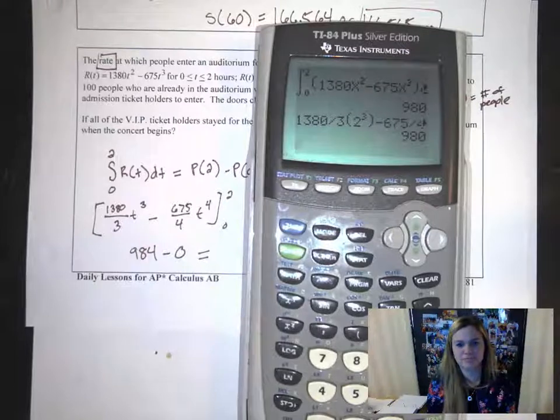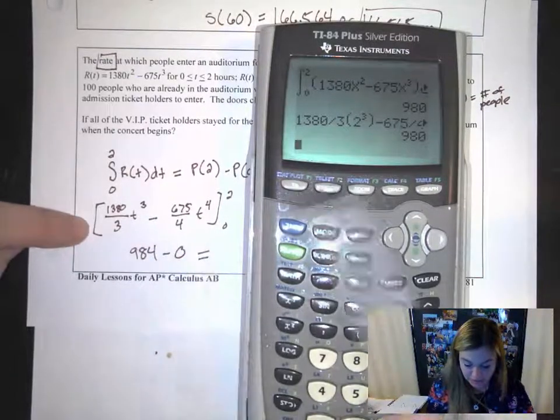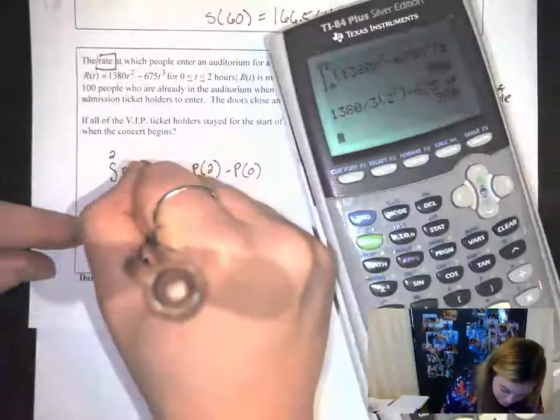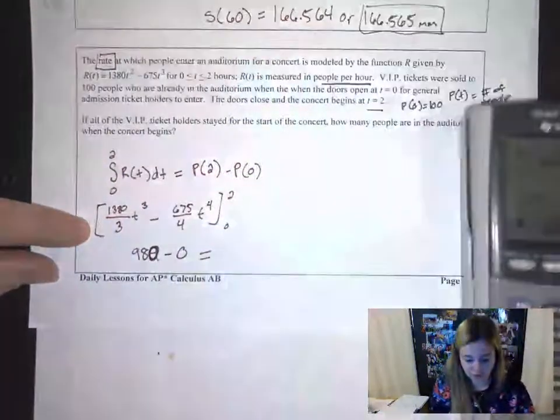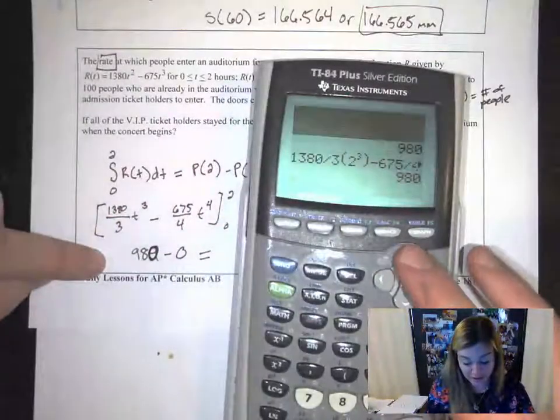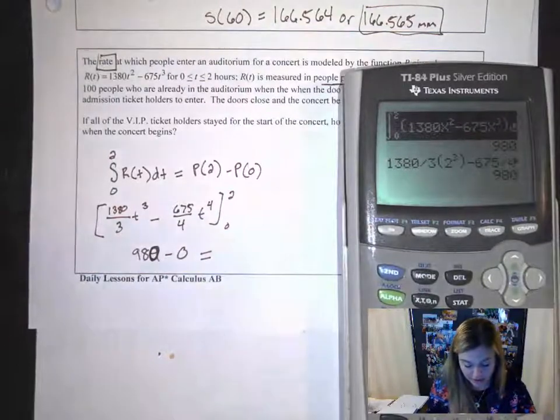Oh, I don't know what I did differently. Okay, so if I were to do it this way, this should be 980. Whew. Okay, and this is why it's also really helpful to just put it in your calculator when you have the opportunity. So I get 980 minus 0.